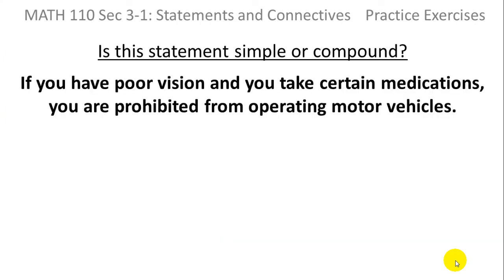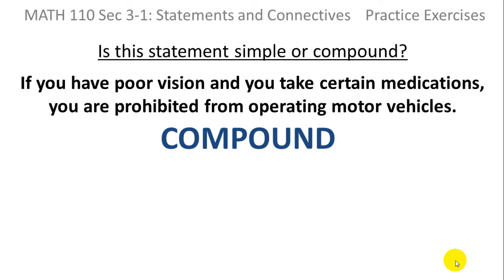Let's try another. If you have poor vision and you take certain medications, you are prohibited from operating motor vehicles. I would say obviously compound. I mean, you're staring at an and. You have poor vision is a simple statement. On the other side of the and, you take certain medications is a simple statement.